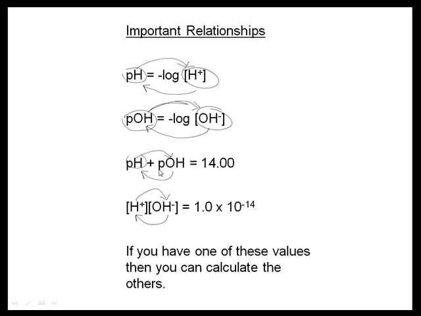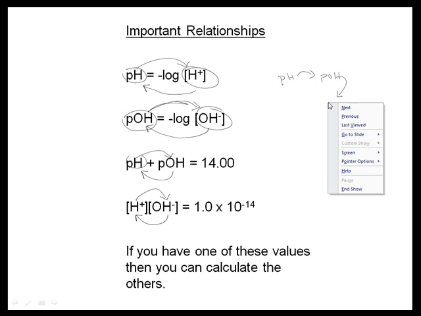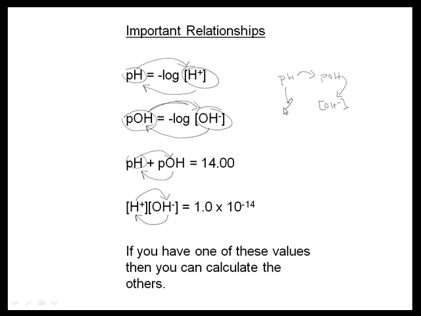So there's lots of different combinations that you can use here. Given one value, so if you have the pH, you could find the pOH, and then you could find the OH minus concentration and the H plus concentration, and have all four values, just starting with the one value.